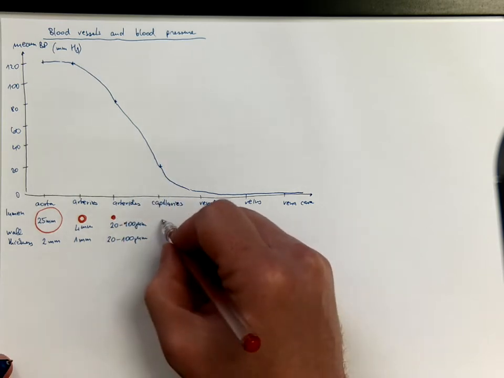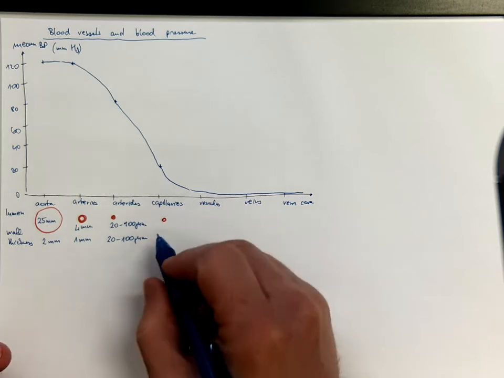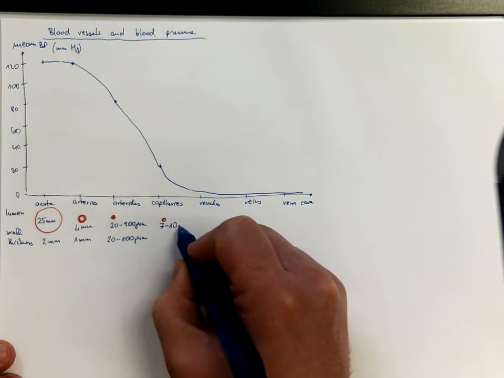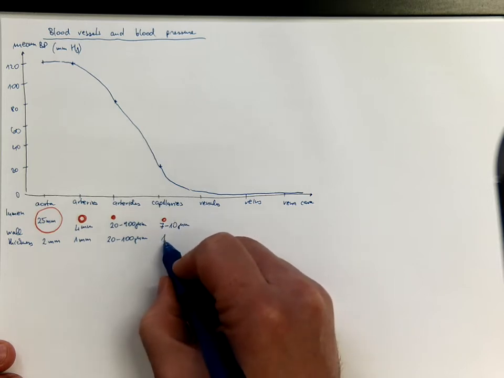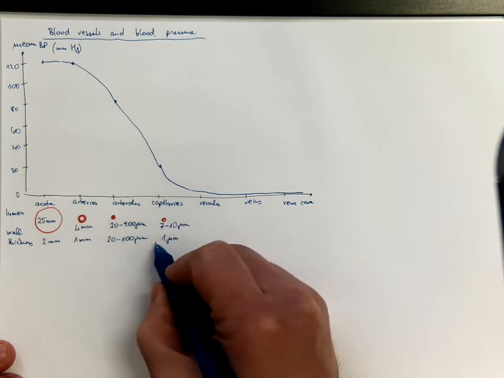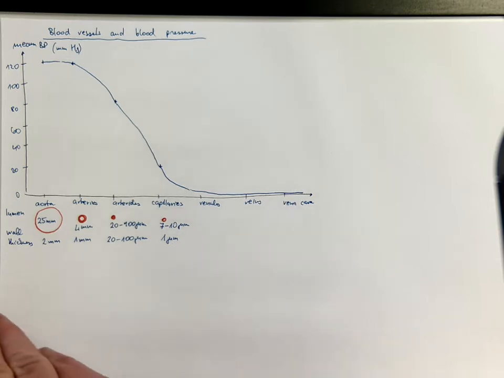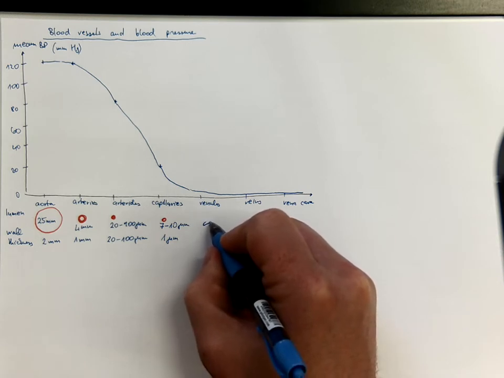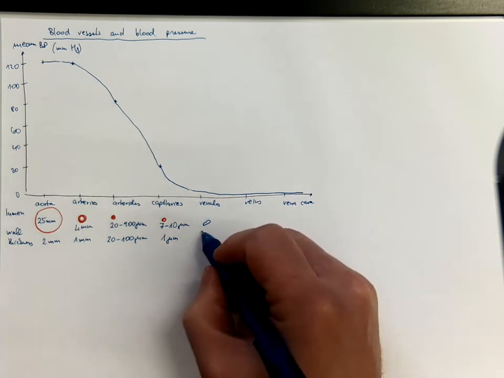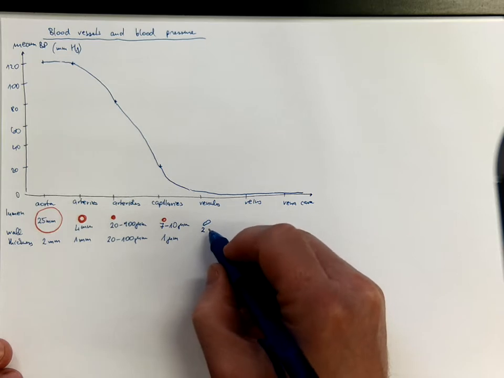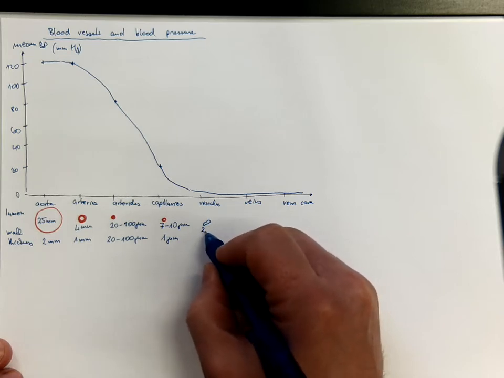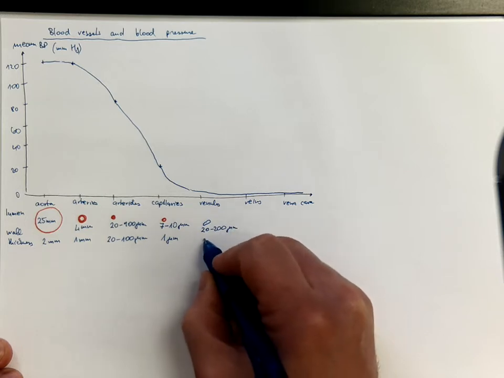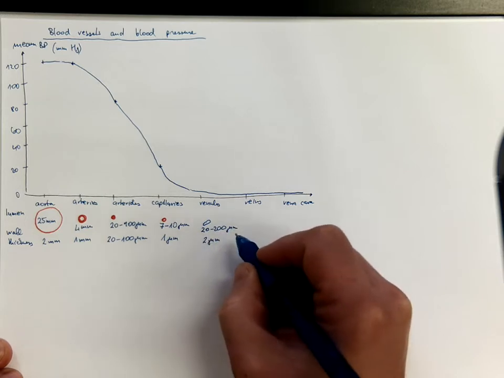The capillaries, let's say the typical capillaries, have a diameter ranging between 7 to 10 micrometers, and a wall consisting of endothelium only with a thickness of approximately 1 micrometer. Then we approach the venules with a diameter between 20 to 200 micrometers and a thickness of 2 micrometers.